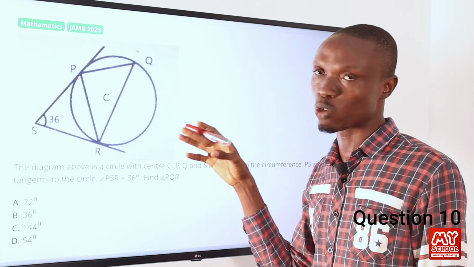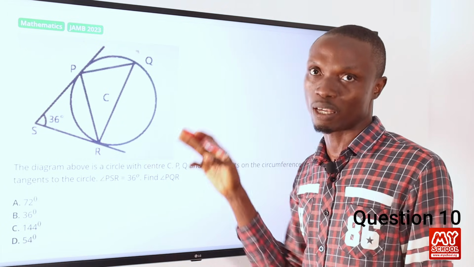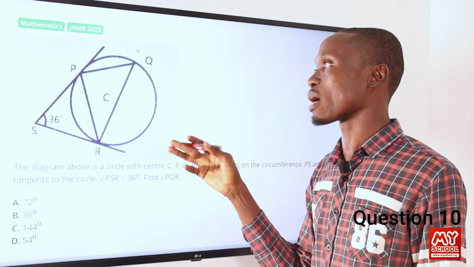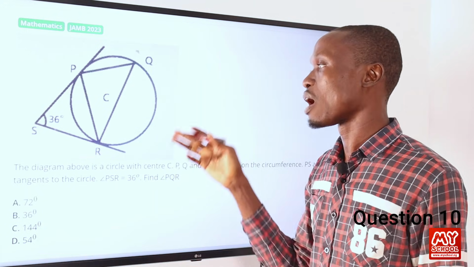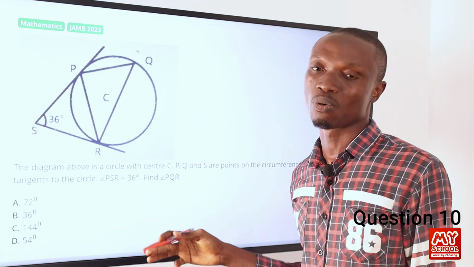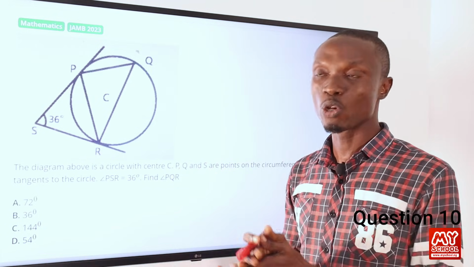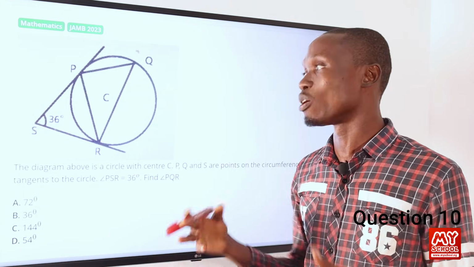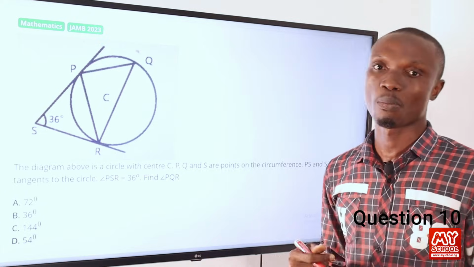So according to circle theorem, those two lines are equal. So if these two lines are equal, then we can say that triangle SPR is an isosceles triangle. And we know that the base angles of an isosceles triangle are equal. So let's move over to our board and do some calculation there.